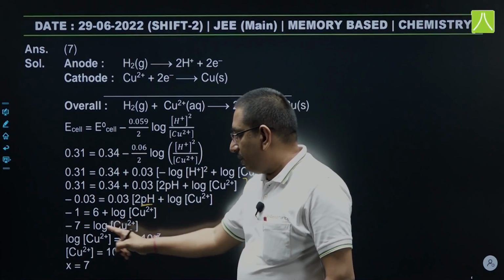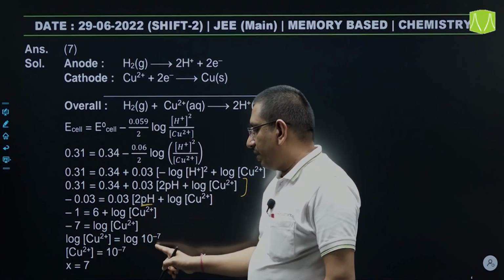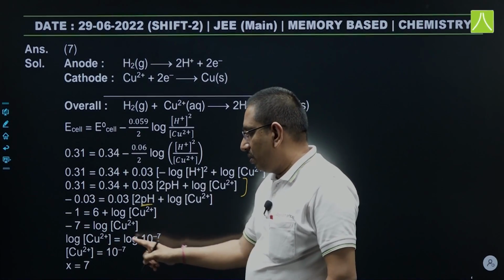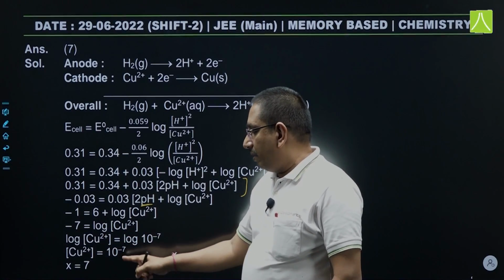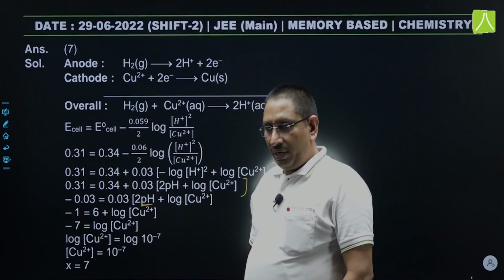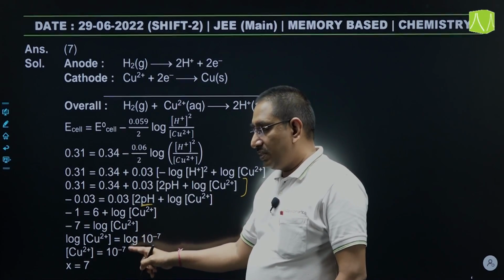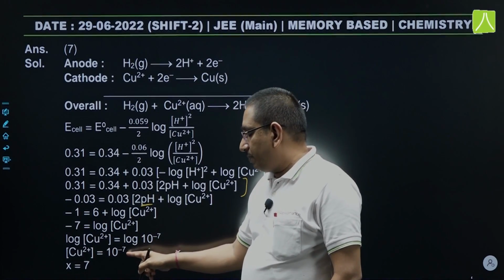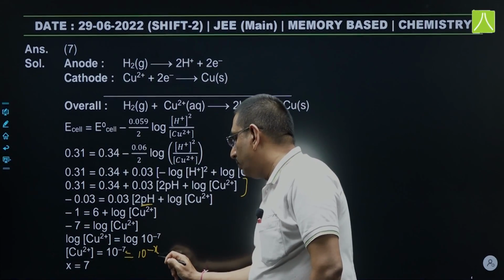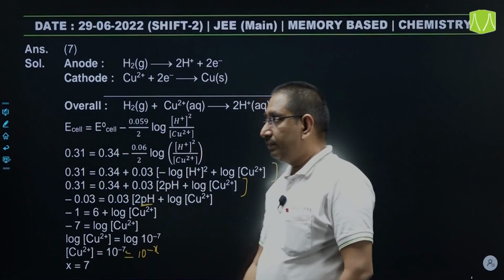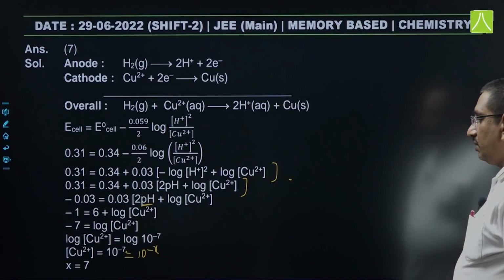Now, we are comparing this Cu2+ concentration and this expression. Cu2+ concentration equal to 10 power minus 7 and we are expressing in terms of 10 power minus 7. So, we have to express this as 10 power minus x. Now what will the x value be? 7. So, answer is 7.